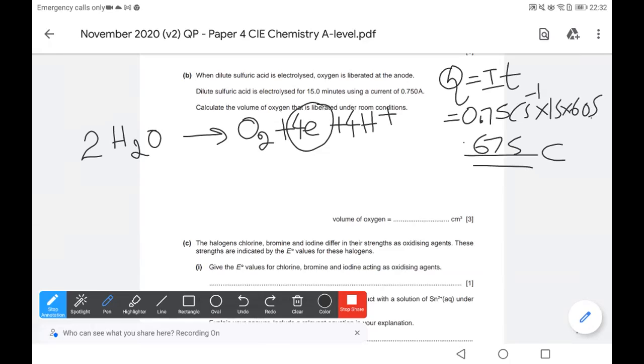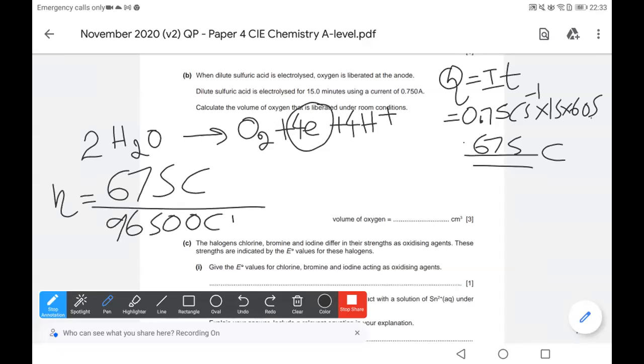And the Faraday constant is in your data book. You can use the data book. The Faraday constant means the charge of 1 mole of electrons. It is 96,500 coulombs per mole.